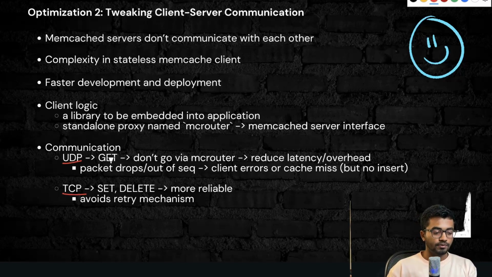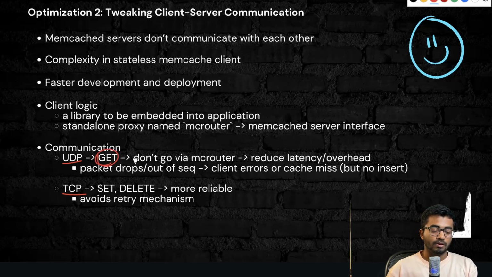Okay, so for getting the cache value, we don't mind if we lose it occasionally. We don't need 100% availability in this case, unlike when we update or delete things. That is why we used UDP, because UDP is less reliable than TCP.